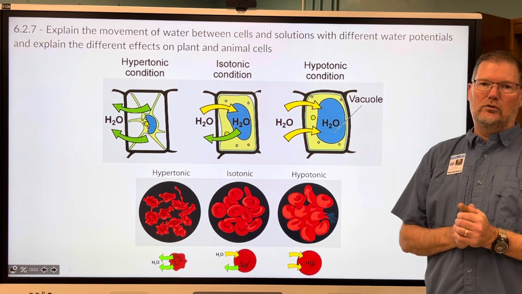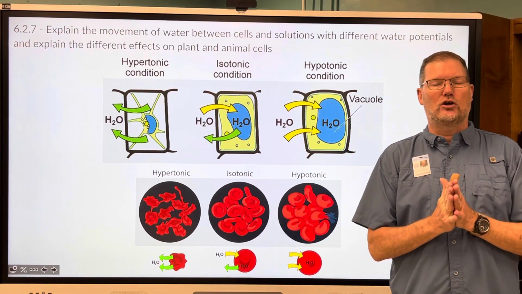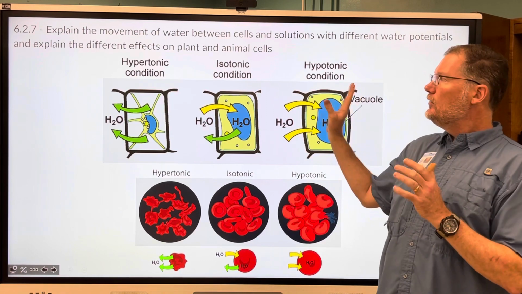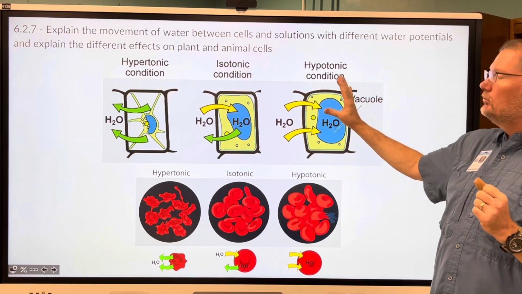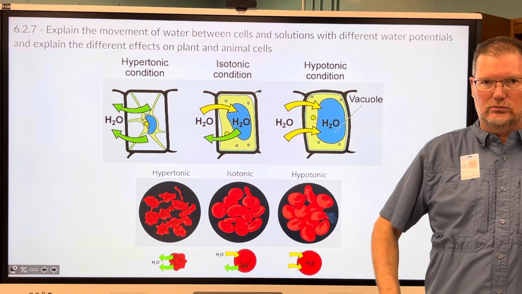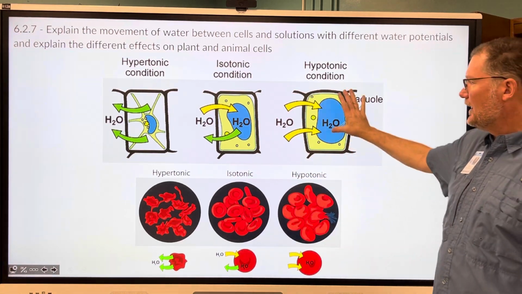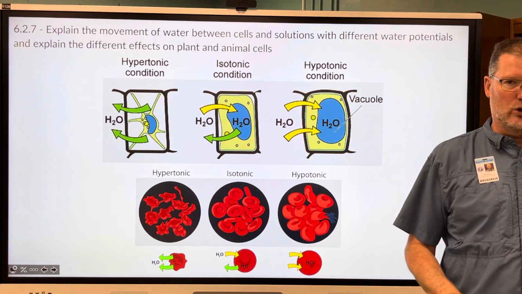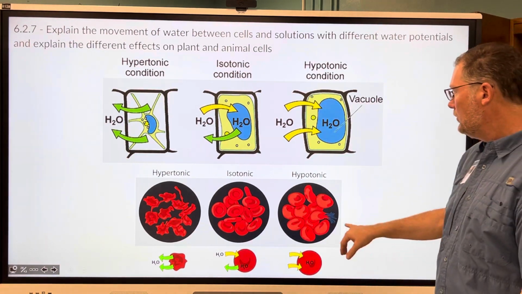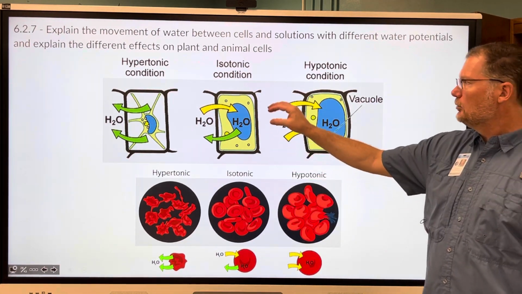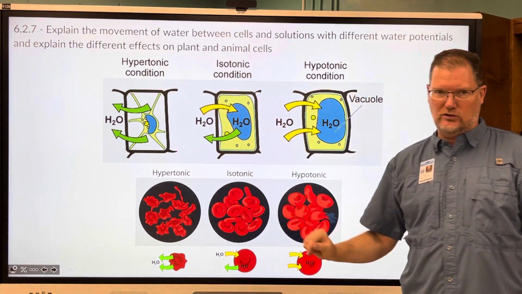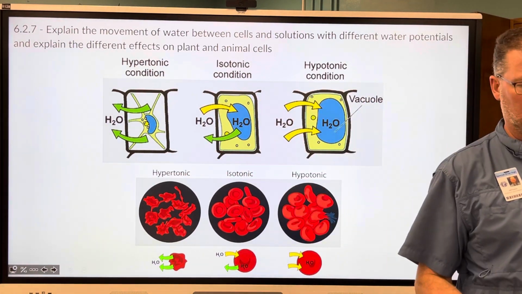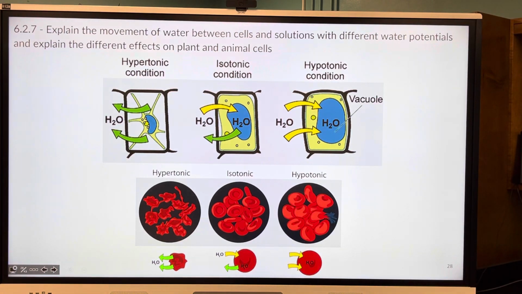So that's what you have to know. You have to know about how these different water potentials affect living organisms, okay? So you were just supposed to label these in your notes, that's all, and describe what happens. So you're labeling the different scenarios, and then with a little description describing what's happening in each of those, okay? Plant and animal cell.